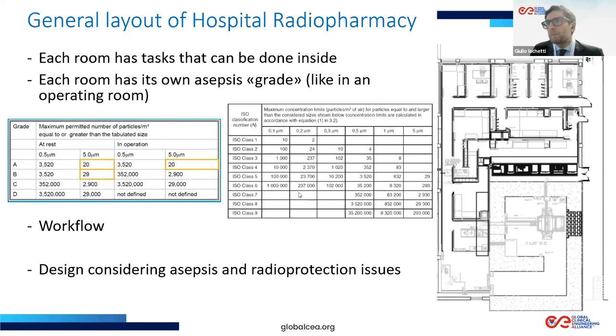In radiopharma, we have the same kind of classification from A to D, and the most critical actions on the compound, on the product, have to be done in A. You typically have dedicated devices, cells, classified in A, and other rooms that contain this kind of cell can be in B. And going to non-classified areas, you go through C rooms or D rooms.